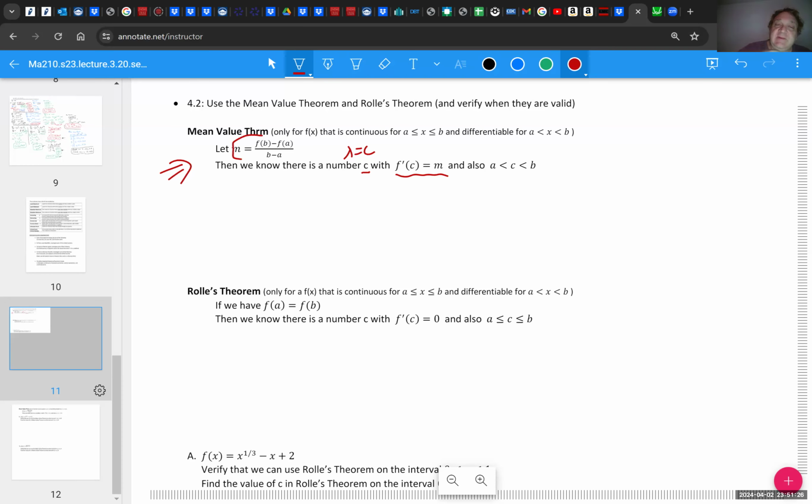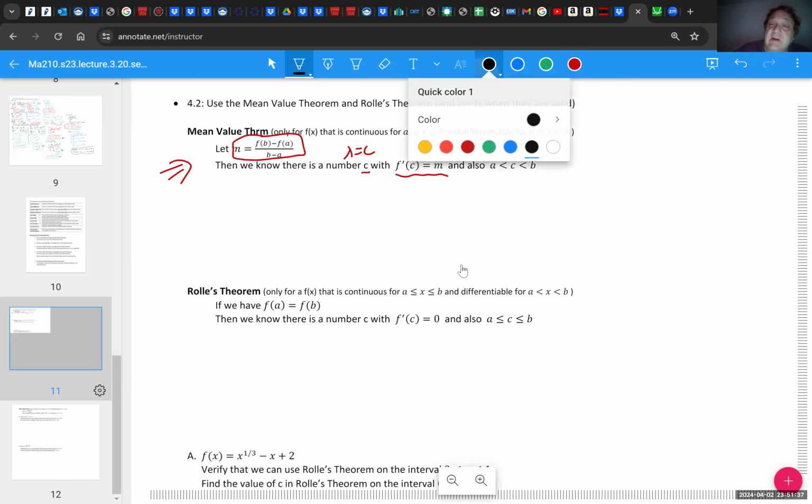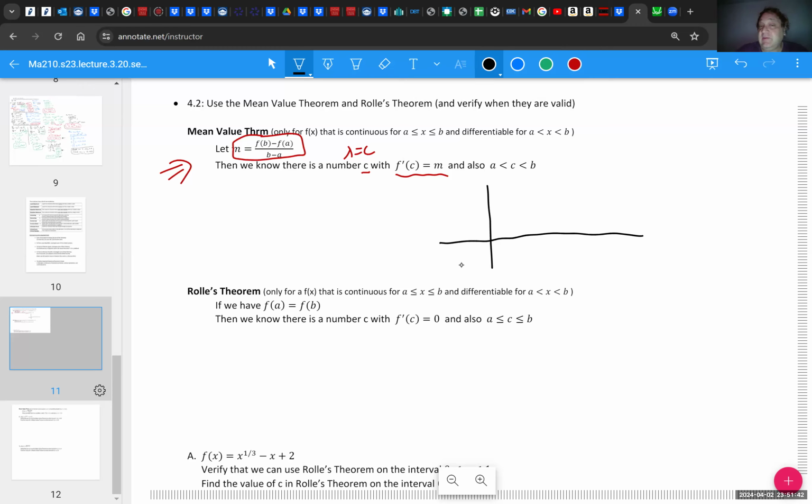This is the slope with y2 minus y1 being at the extreme, the beginning and ending of the interval. So finding the slope through the start and end of a function, you can always find a point where the slope is also the same.